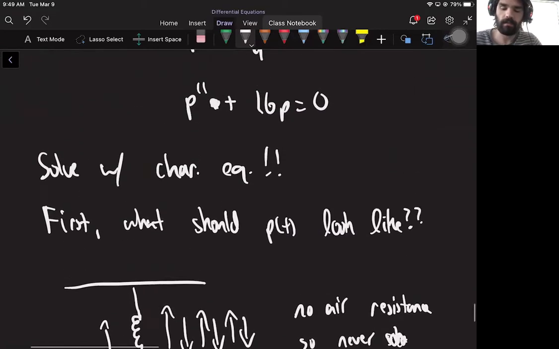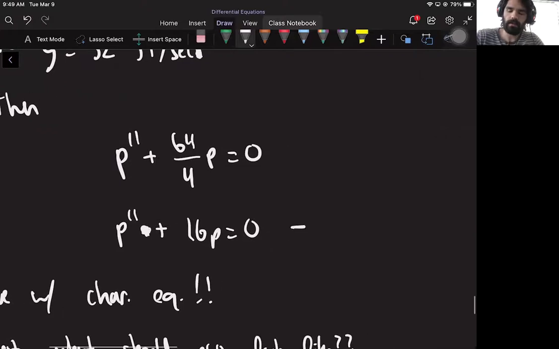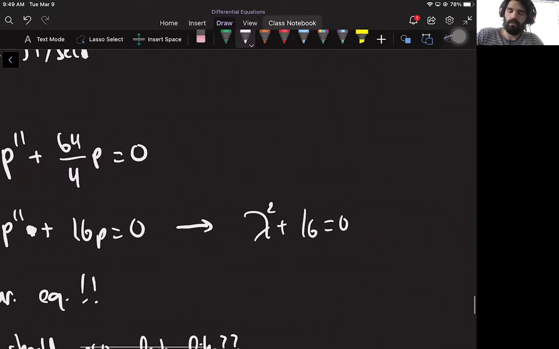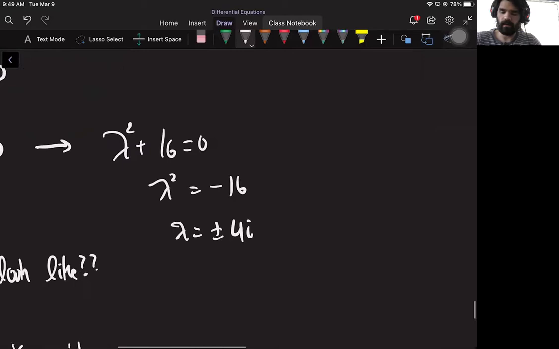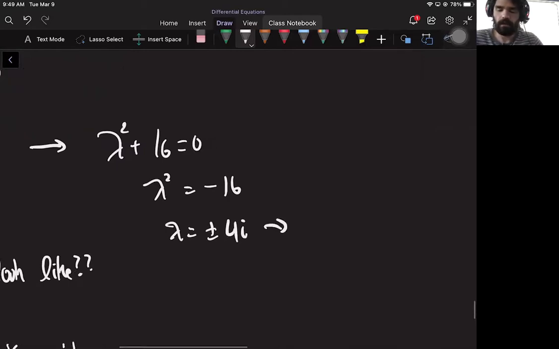Okay, so let's see. So now let's solve it using the characteristic equation. Lambda squared plus 16 equals 0. Lambda squared equals negative 16. So lambda will be plus or minus 4i. Now, how do we interpret that as a solution?